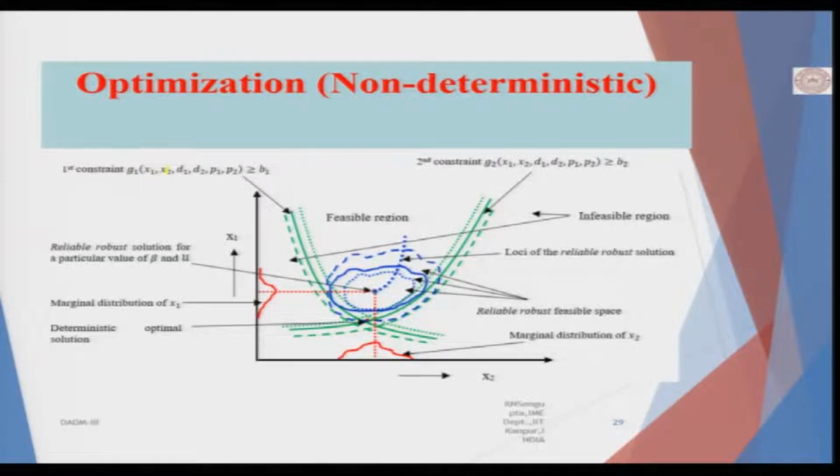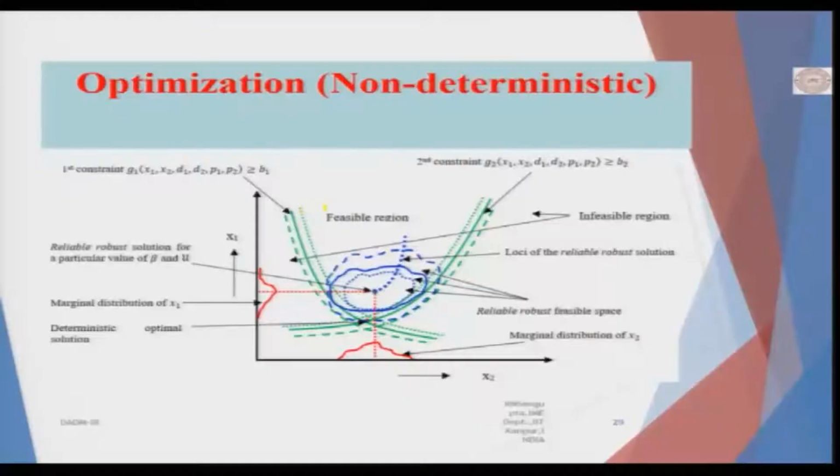x1, x2 are the decision variables, d1, d2 are the deterministic ones, p1, p2 are the parameters which are probabilistic. For the time being, consider the probabilistic part is not there. The second constraint is G2 of x1, x2, d1, d2, with p1, p2 not there, still I am writing it, and it is greater than b2.